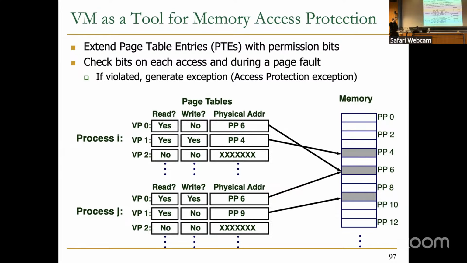No. The first process, process I, can read from the page, but not write to it. While the second process, process J, can read and write the page, which means it's basically the owner of the page. I'm the owner of the page, and I let you simply read from it. That's not true, for example, for page 1 of process I. Page 1 corresponds to physical page 4, and it has both read and write permissions.